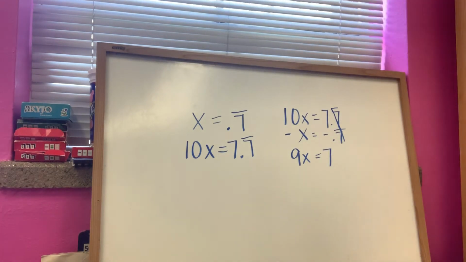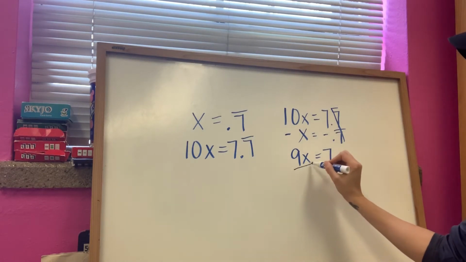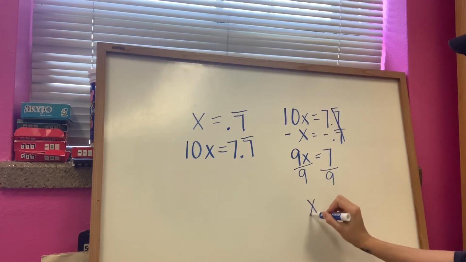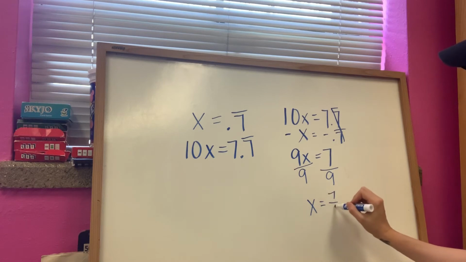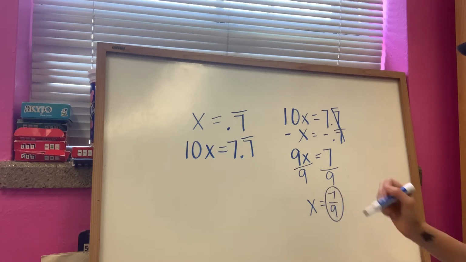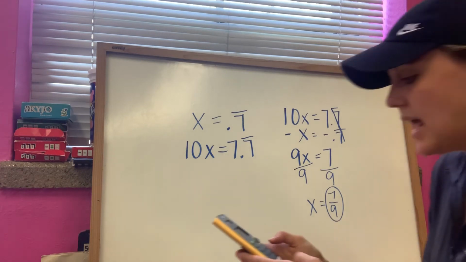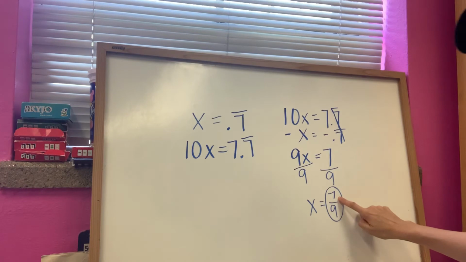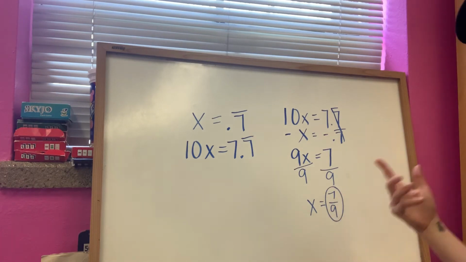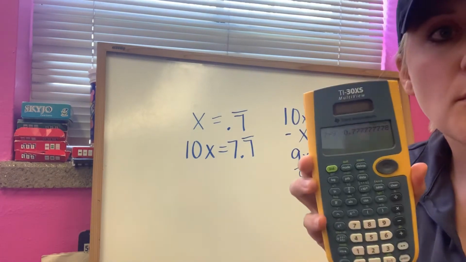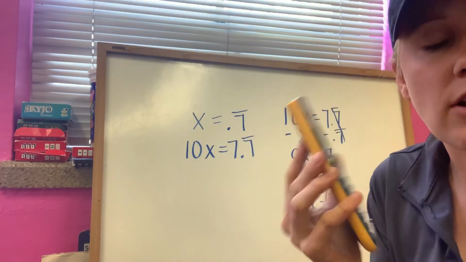Okay. So if 9x is equal to 7, and I want to figure out what just x is equal to, I am going to divide by 9, and then I'm going to get x equals 7/9. Now, if we get our calculator to double check our work, and I type in 7 divided by 9, because that's what 7/9 means, 7 divided by 9, I get 0.777777 on and on repeating.